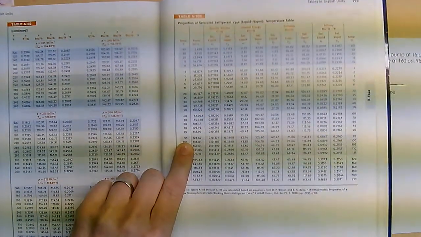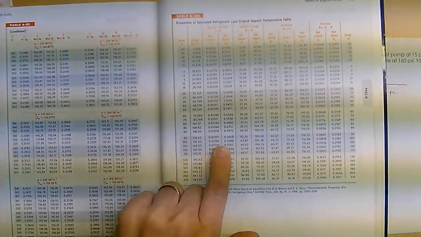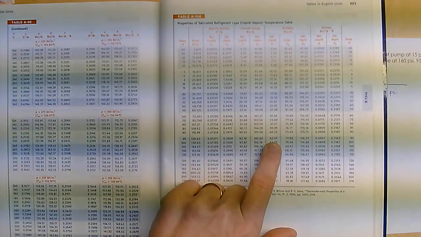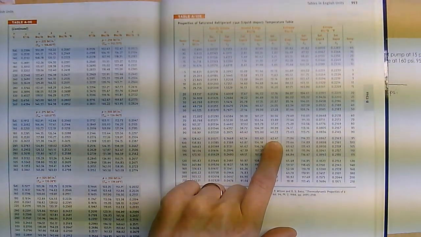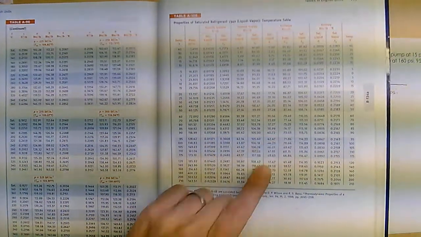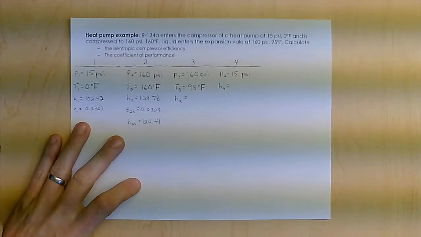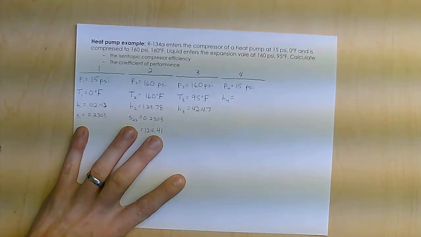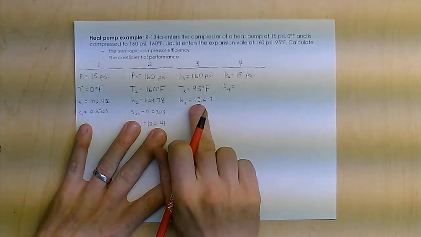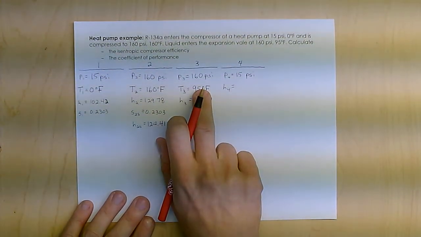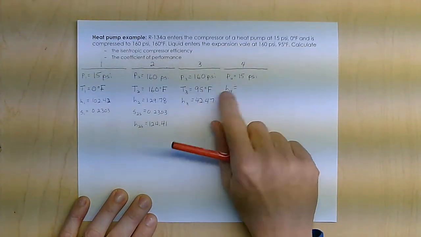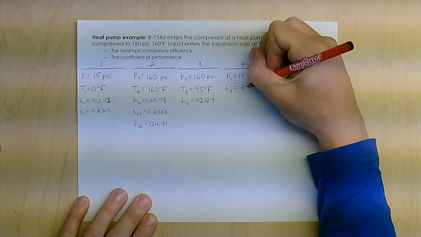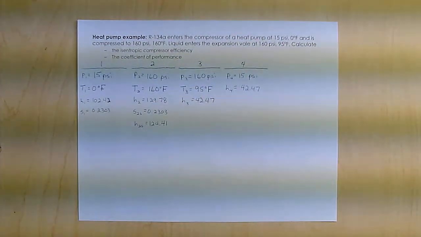So I'm going to go to the temperature 95 and treat it as a saturated liquid, which is 42.47. Then I go across the expansion valve, and H stays constant across that. So I'm left with that.